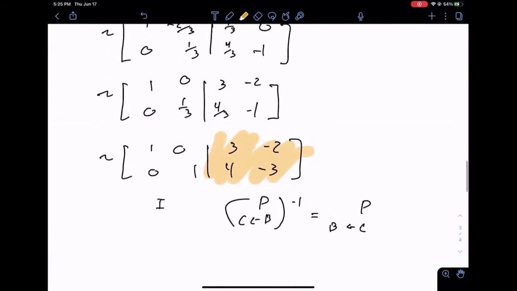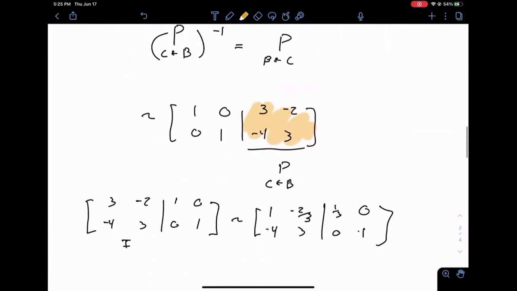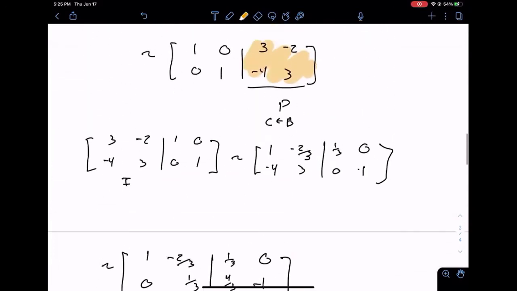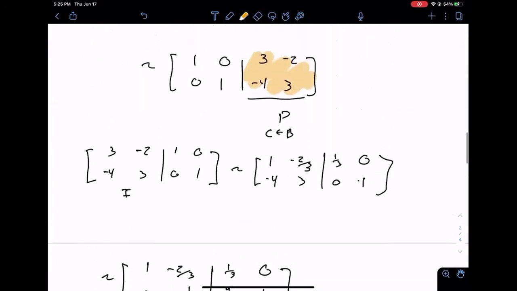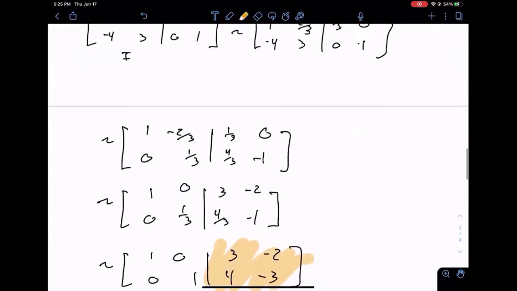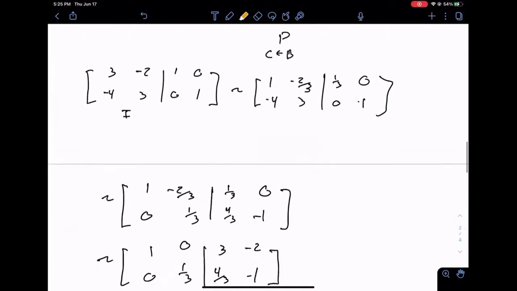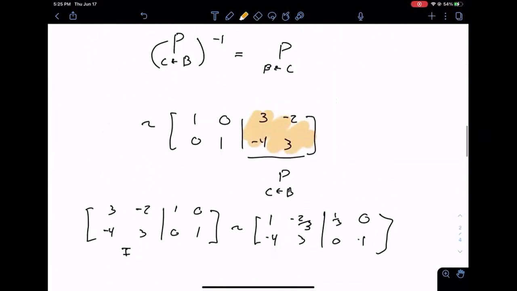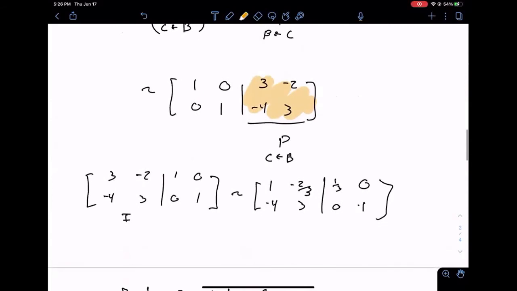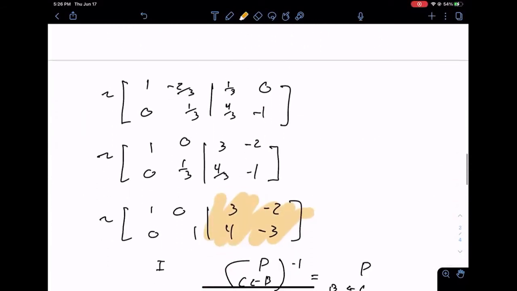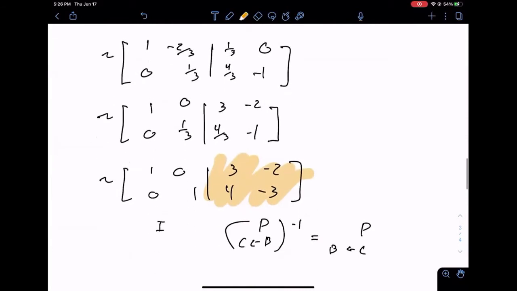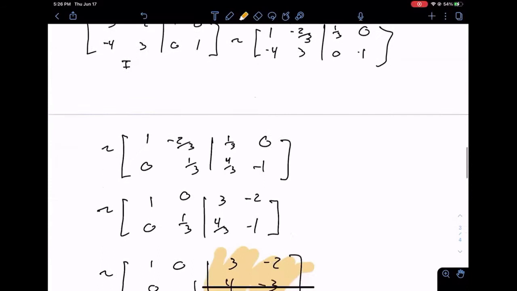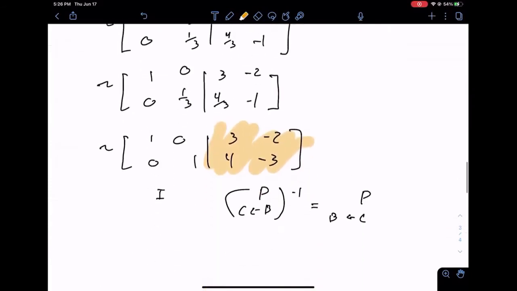We could check to see if we multiply these matrices together, we should get the identity matrix. Let's see. So 3, -2, 9, -8 is 1. -6 plus 6 is 0. -12 plus 12 is 0. 8 minus 9 is -1. So yeah, we're off by a negative sign somewhere.